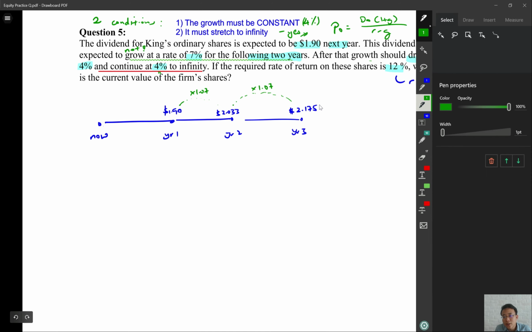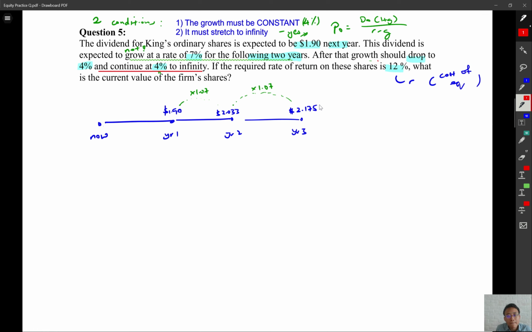They say the growth should drop to 4% and continue at 4% to infinity. Which means, in year 4, your dividend will be just a 4% growth.